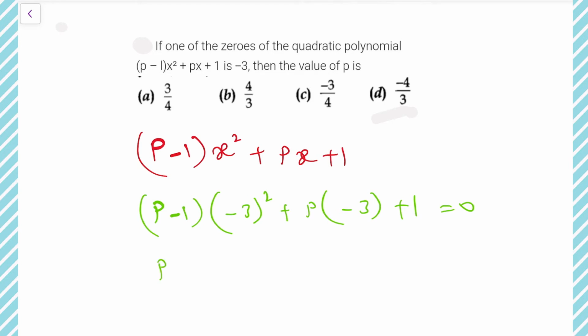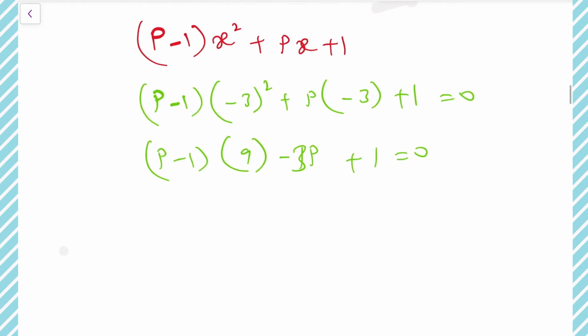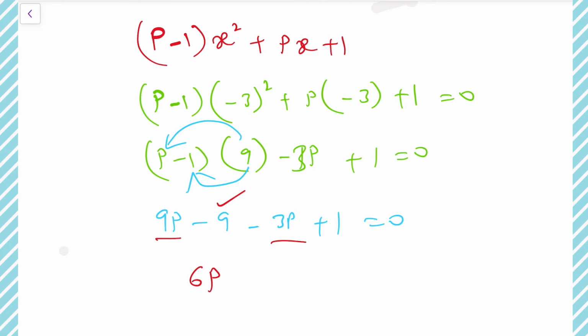So p minus 1 as it is times minus 3 square, 9. Next, plus p into minus 3, that is minus 3p, plus 1 is equal to 0. Now if we simplify this, 9 into p is 9p, minus 9 ones are 9, minus 3p plus 1 is equal to 0. Next, 9p minus 3p is 6p, minus 9 plus 1 is minus 8, equal to 0.